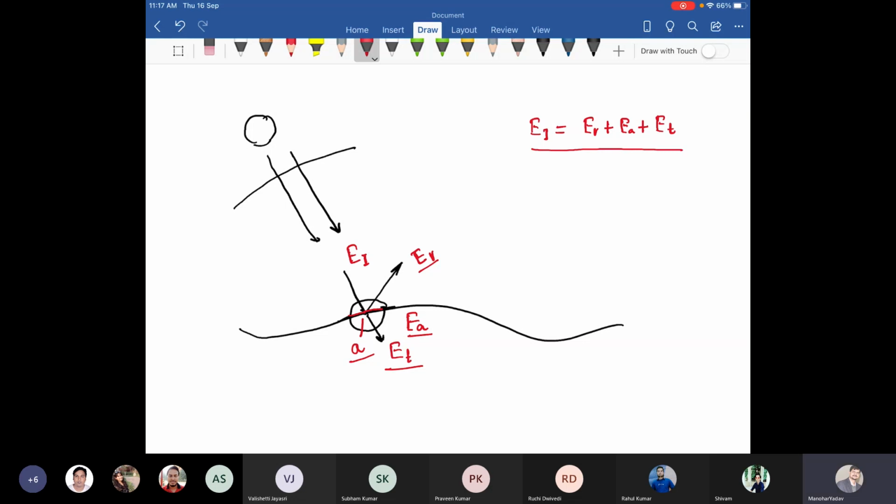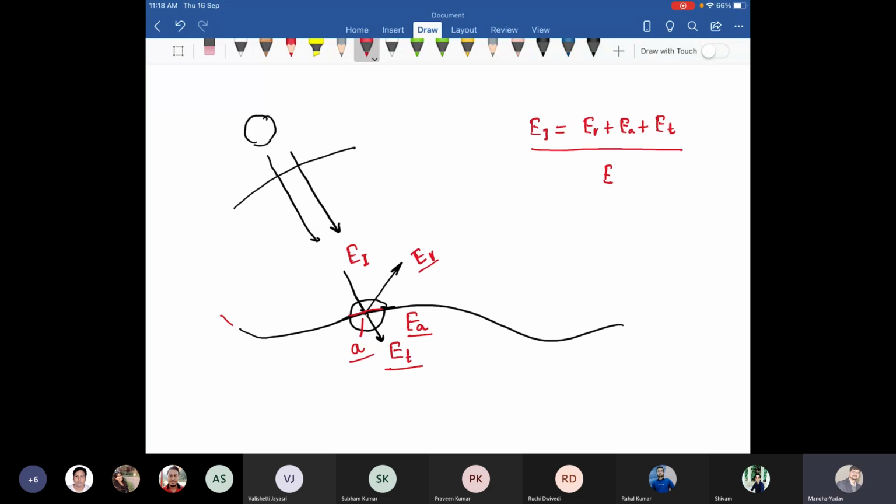Now, when we see the different media through which energy propagates, if we consider solid material on the Earth's surface like trees, buildings, bare ground, grass field, forest land, and this energy EI interacts with those objects, we can say it's a solid medium.